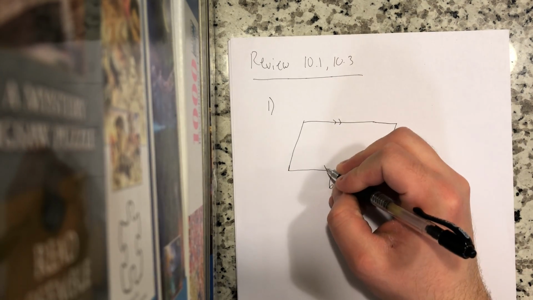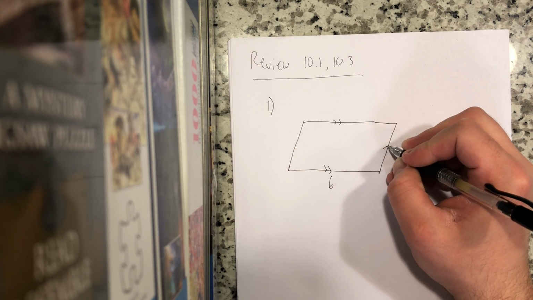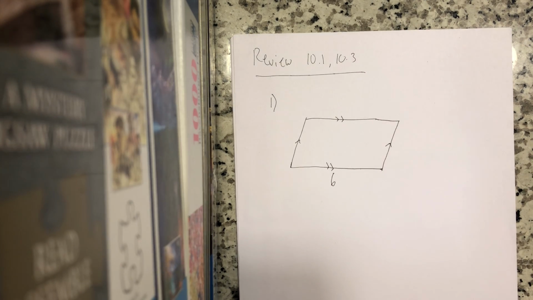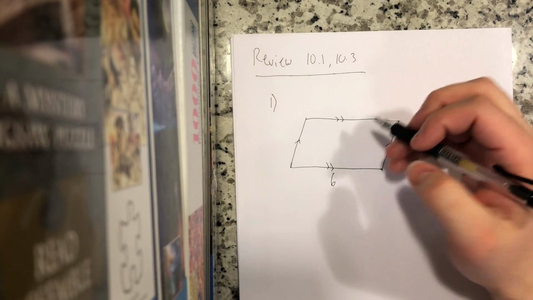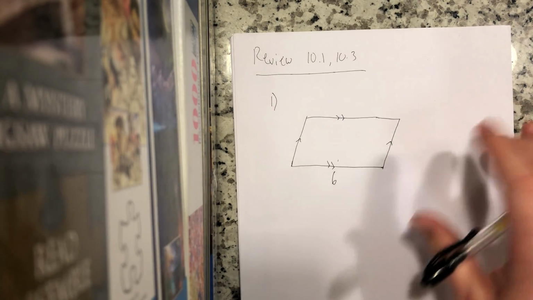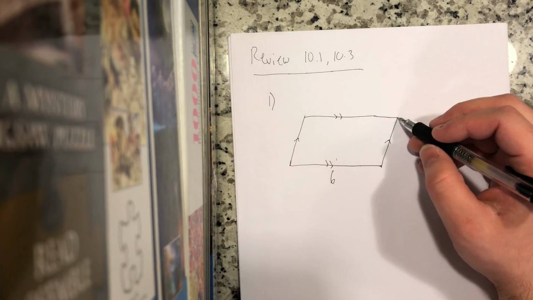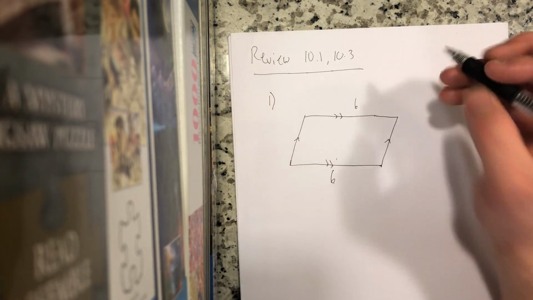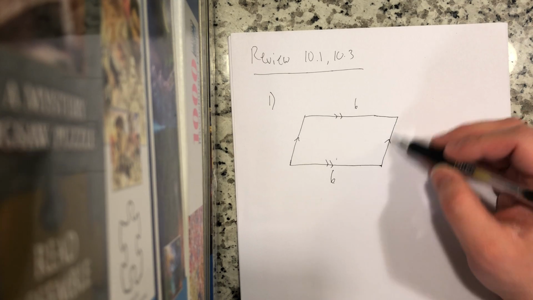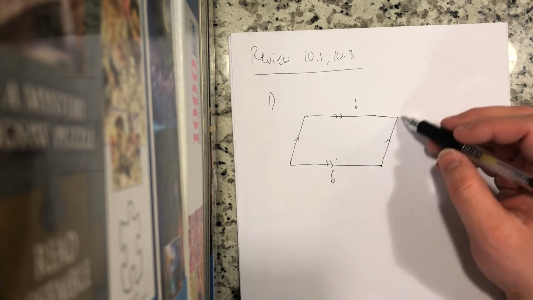So I'll draw the different symbols here. Remember, this means parallel. If you have two sets of parallel sides, that's a parallelogram. One of the sides here is 6, so this one's 6, but we don't know the length of this side.